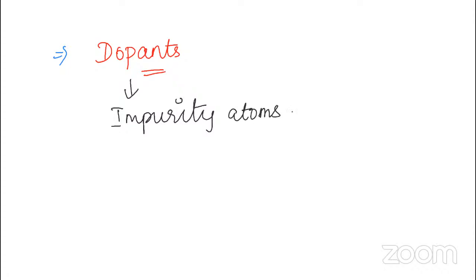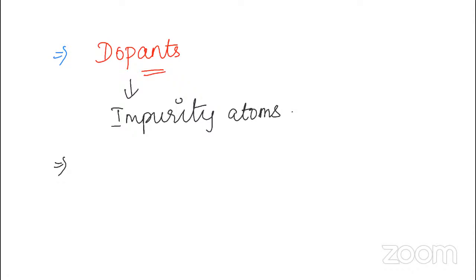Okay, so in extrinsic semiconductors, the carrier concentration value should be multiplied by both Ne and NH and taken as a square value. So when impurities are added, the carrier concentration should be increased.